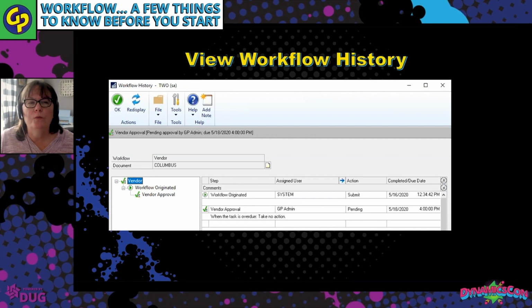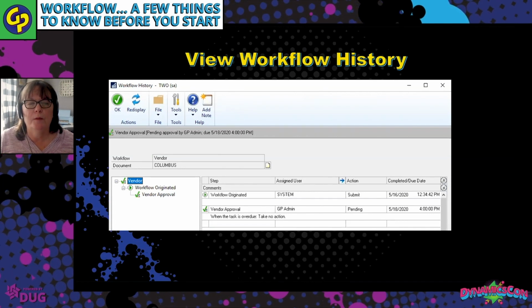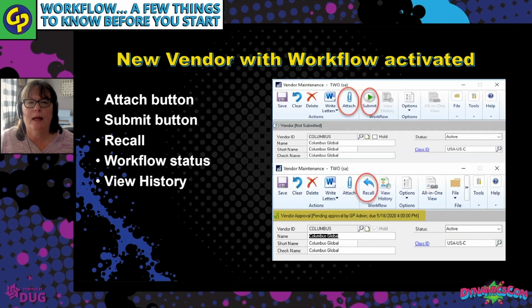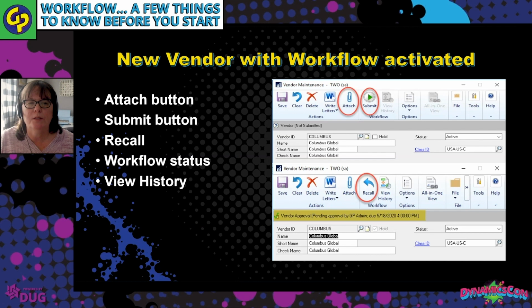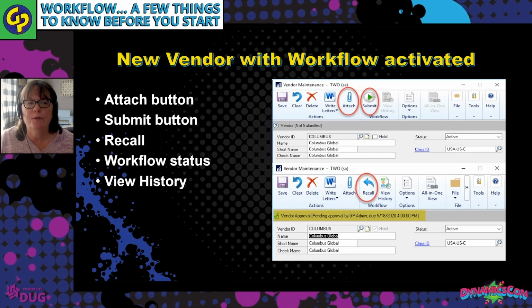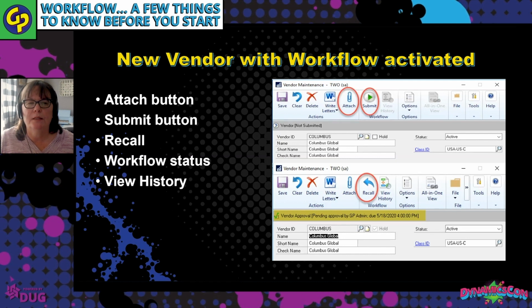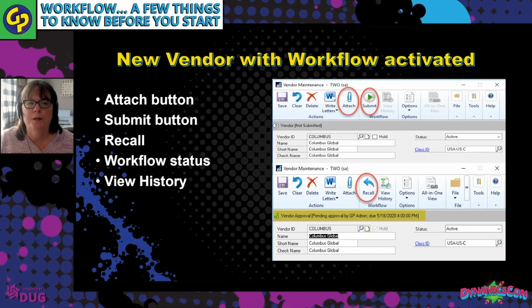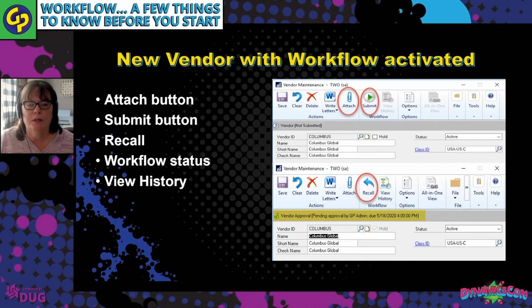You can also view the workflow history. Let me jump back to this last slide here. You'll notice I didn't circle it, but right next to recall is a view history. Say you wanted to see the history related to this particular workflow. You can pull up that transaction and click view history.